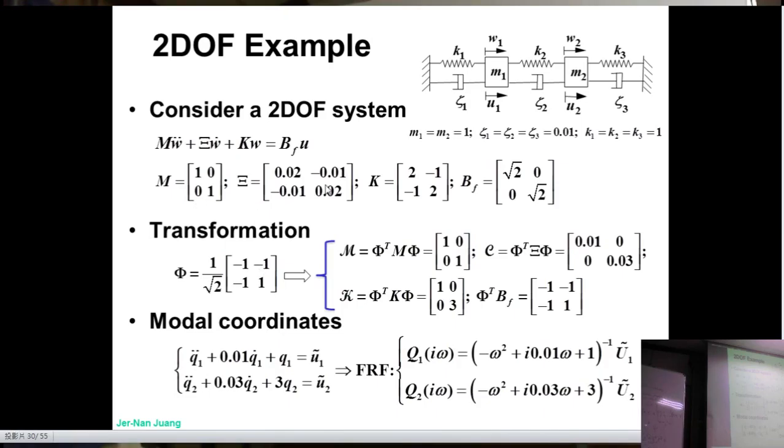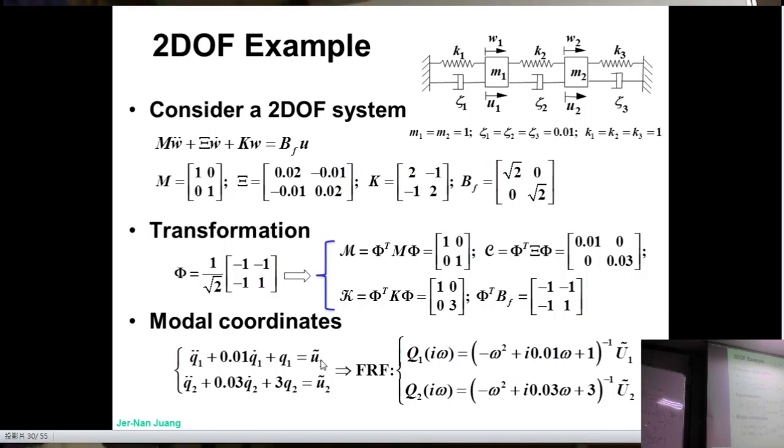When you solve this, it looks more complicated, but you can look at each mode, Q1 and Q2, as two different, independent single degree of freedom systems. They couple only through U tilde.